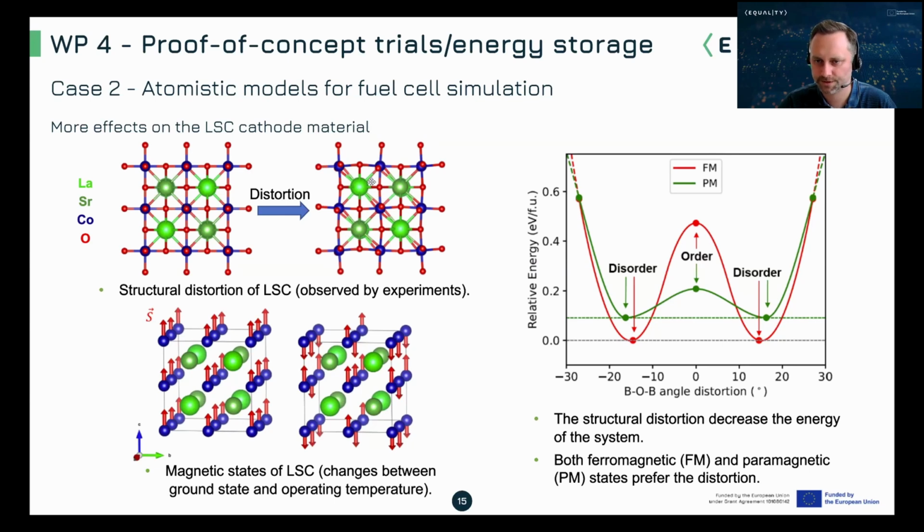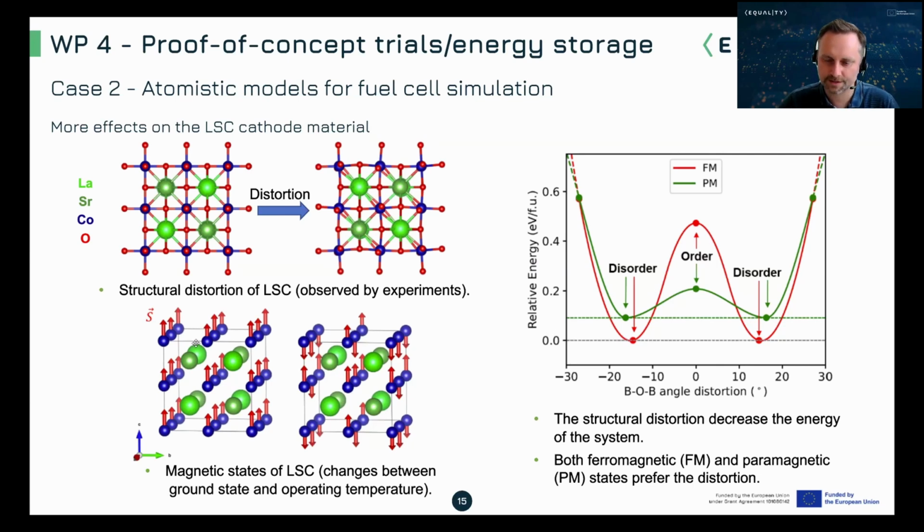Comparing this to this, the energy of such a distorted system is a little bit lower. If you plot this, focusing on maybe the red color alone, you see that the energy of the ordered system is higher, and there are two possible distortions where the system has a lower energy, and in reality, the system constantly fluctuates between this state and this state.